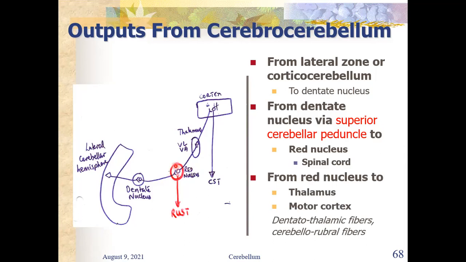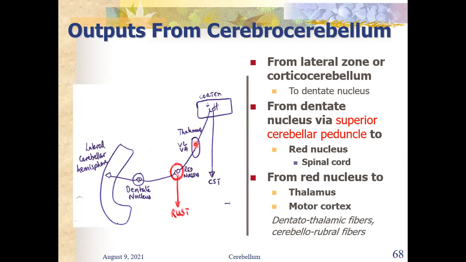So from the red nucleus, the tract can descend as an extrapyramidal tract, known as the rubrospinal tract. Remember, it took its origin from the lateral cerebellar hemispheres, from the cortical cerebellum. So that is how contributions to the rubrospinal tract occur. So from the red nucleus, we can move to the ventrolateral part of the thalamus.